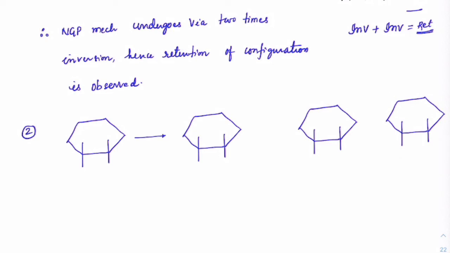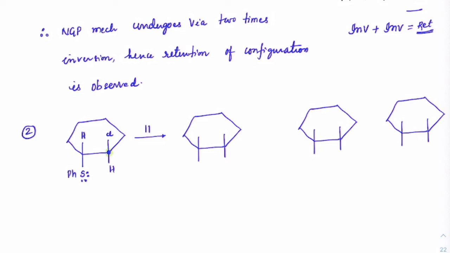Okay, let's say we have chlorine, hydrogen here, and PhS with lone pairs on it, and hydrogen here. So this is a chiral center. It would have some configuration already.